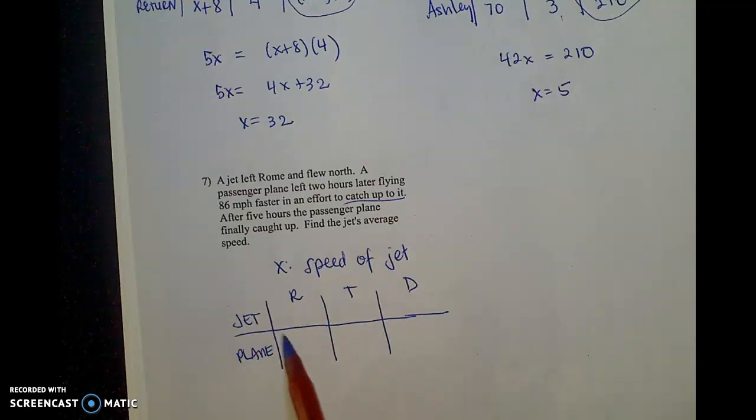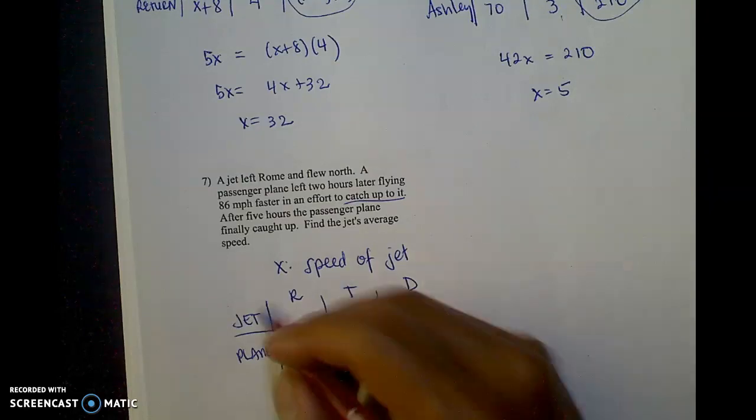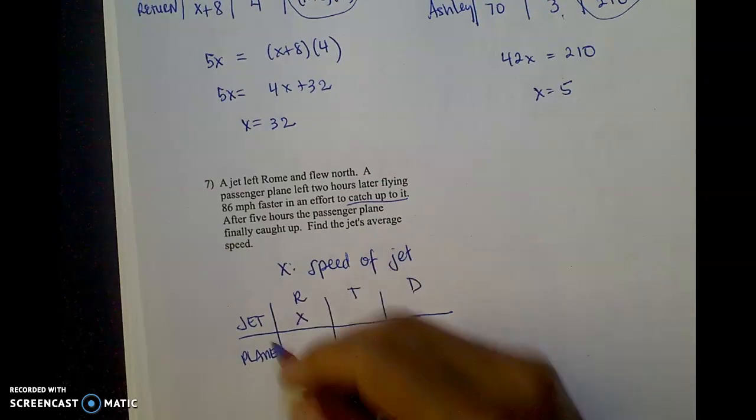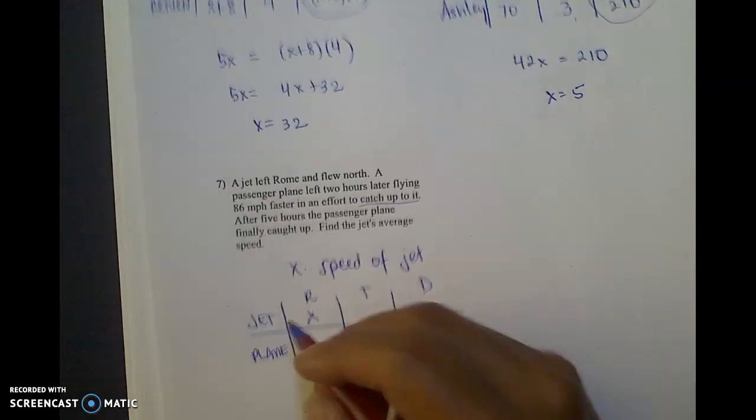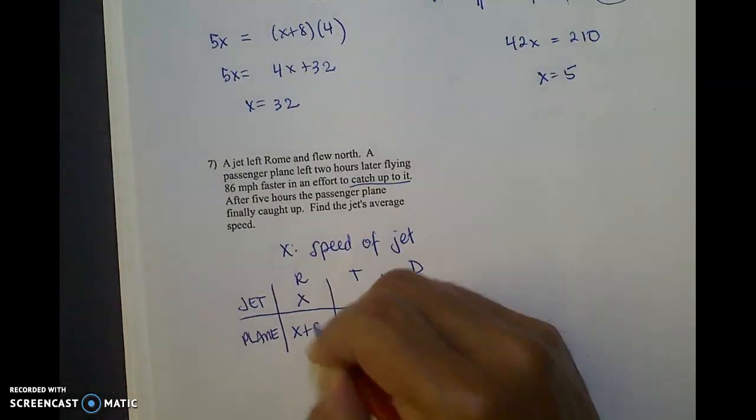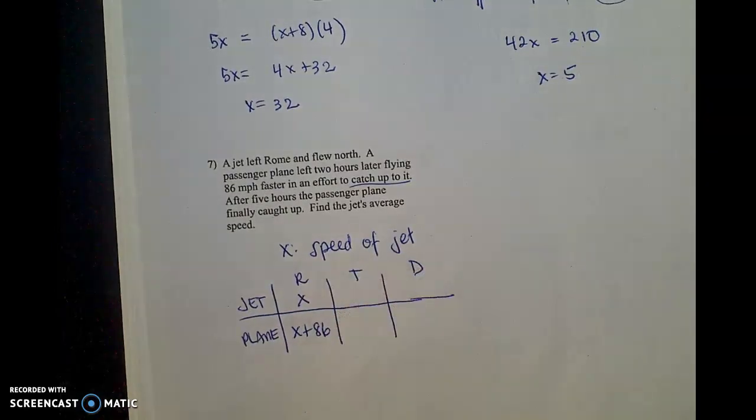I had to think about that one for a little bit because to me that kind of makes sense. But whatever. Alright, so if the jet speed is x, the plane is going 86 miles per hour faster, so that means its speed is going to be x plus 86. Jet speed plus 86 miles per hour. It wants to go faster than the jet.